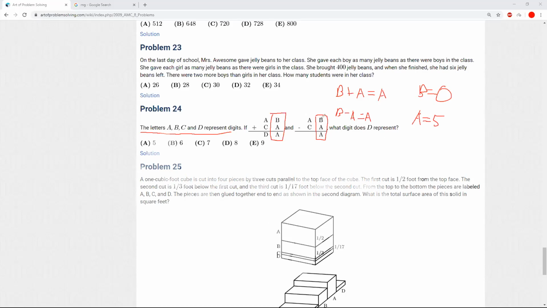Because when we carry, I don't know how you guys do subtraction, but you would put a -1 and B is 0. So it'll be 10 minus A is equal to A. So that means A would be equal to 5.